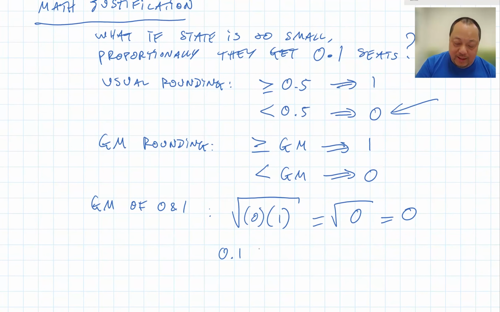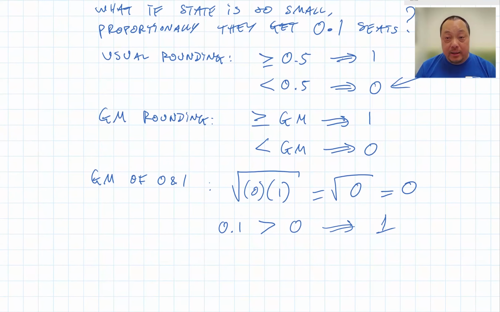Then 0.1 is greater than 0, and so it gets rounded up to 1, just like the Constitution requires. So mathematically, the geometric mean protects tiny little states and gives them at least one representative all the time, just as the Constitution intended.